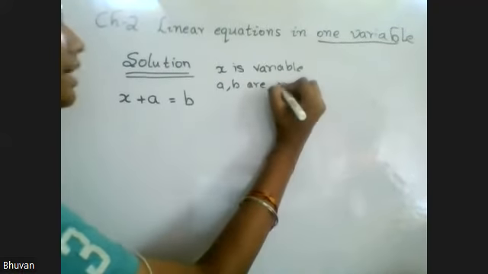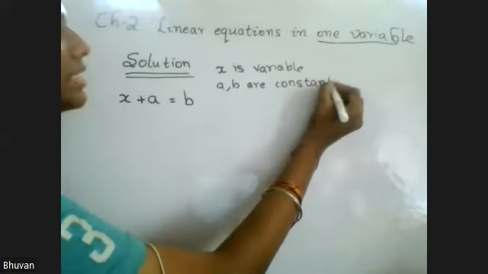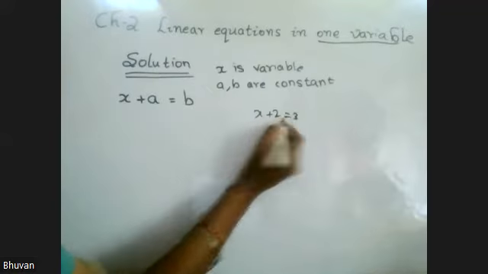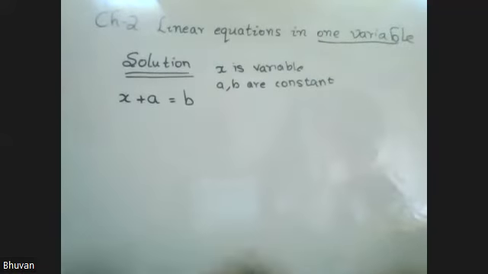This is the condition I am applying; it can take any constant. If they ask the question x plus 2 is equal to 3, what is the value of x? I am taking it in the short form, x plus a equal to b.